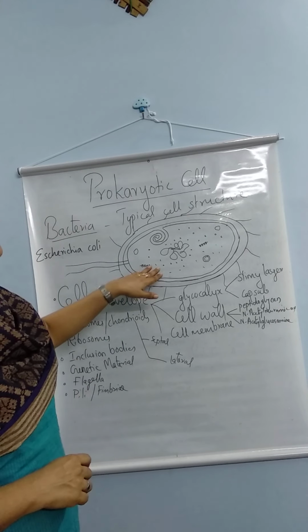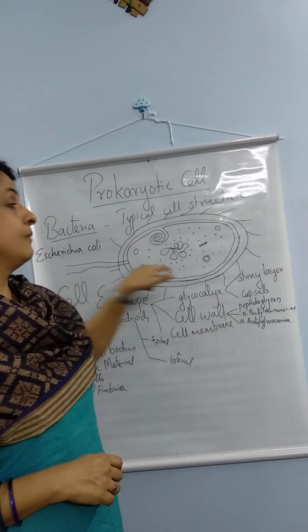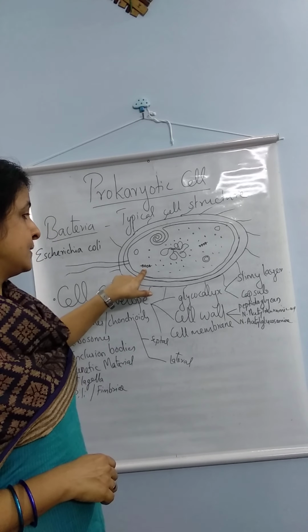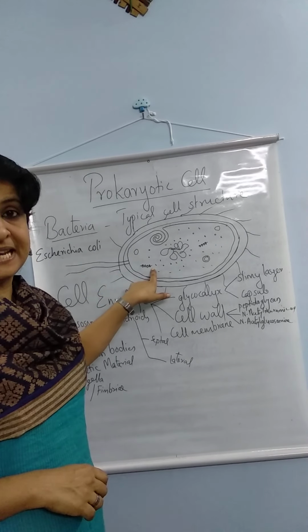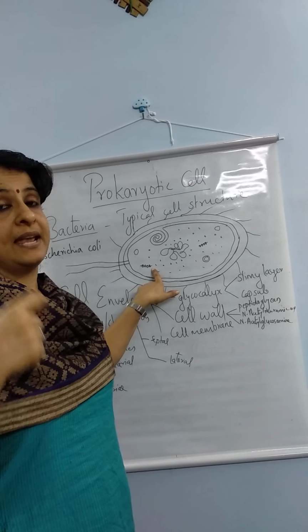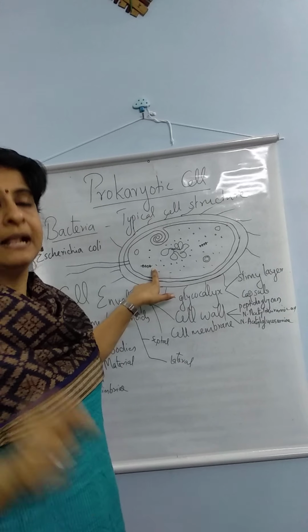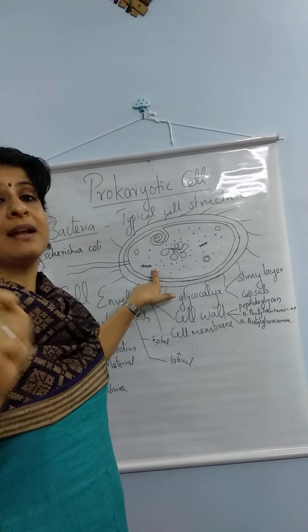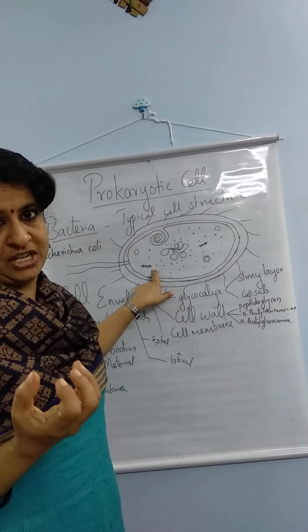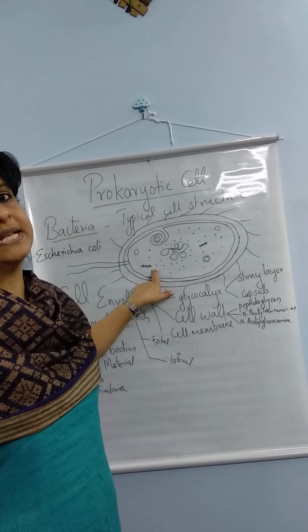Now, in bacteria, we can see that ribosomes are sometimes seen as a group. That is, two or more ribosomes are seen attached to an mRNA. What is mRNA and all? You will study that in 12th standard in detail. mRNA means messenger RNA. Messenger RNA contains the information needed for protein synthesis.